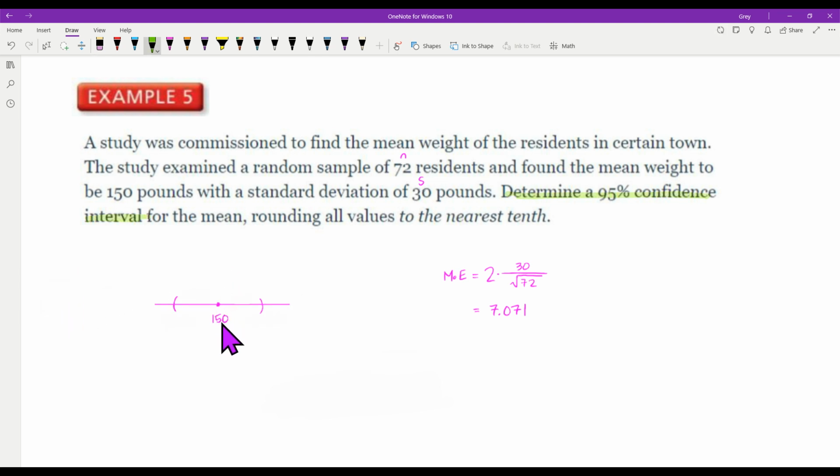So I start with my mean, which is 150, and I'm going to add and subtract the margin of error. They say round to the nearest tenth, so I add and subtract 7.1: 150 plus 7.1, 150 minus 7.1. And so my 95% confidence interval is going to be 142.9 to 157.1.